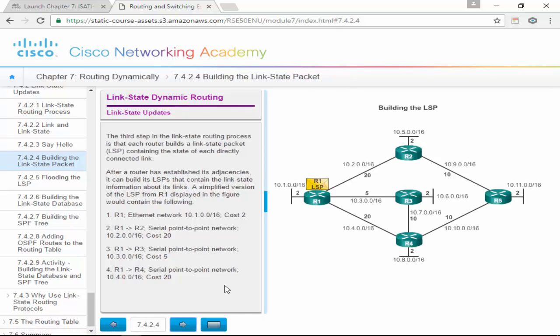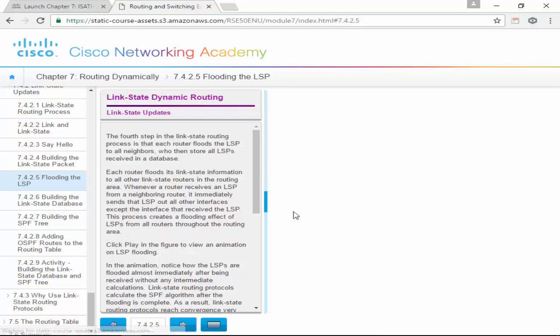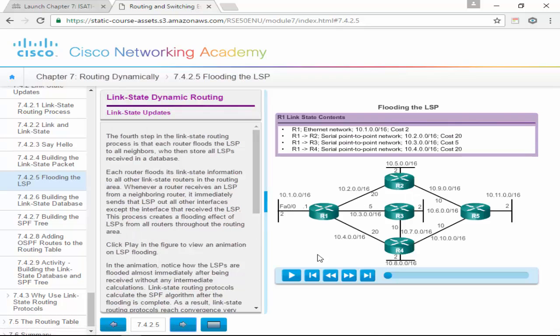Then they start building their LSP based on what they know about everything, right? So that's what you're seeing: this router is telling, hey, this is what I know, this is the cost of everything I know and all the networks about that, and then all these routers will flood it to each other.